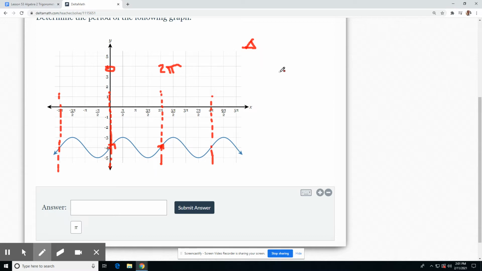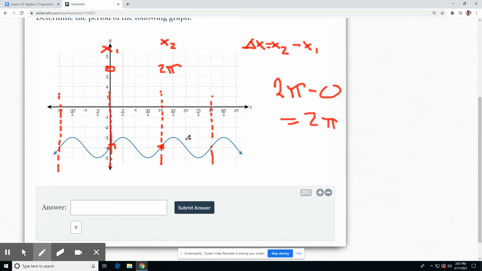The change here would be the second minus the first, or we can call it x2 minus x1. So this would be the change in x. This is our second one, x2. This is our first one, x1. And so that would be 2 pi minus 0, which is equal to 2 pi.